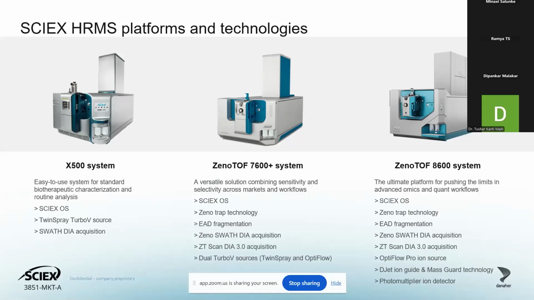In addition, we have the OptiFlow source, which is very useful for switching from nanoflow to microflow. Any application like proteomics, which especially uses nanoflow, can use the OptiFlow source. And if you want to use this system for metabolomics or lipidomics, the same OptiFlow source can be used. This gives users better options and flexibility.